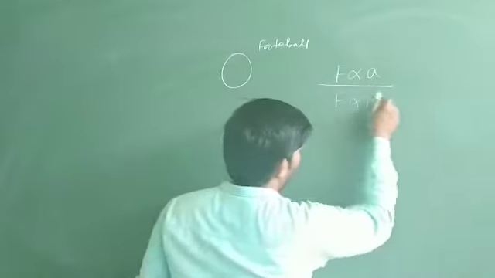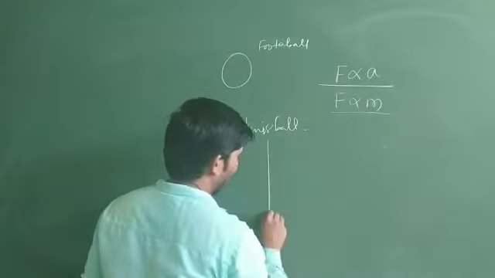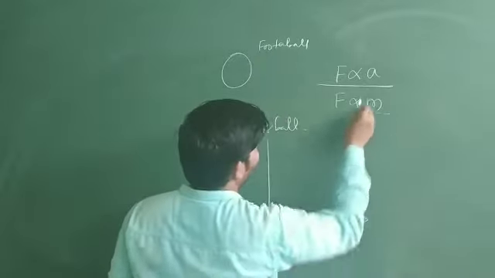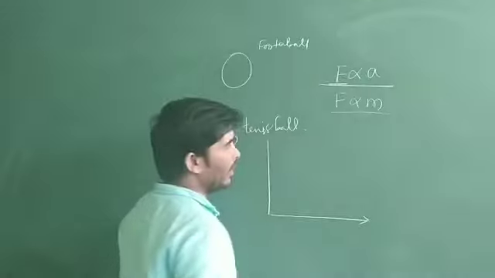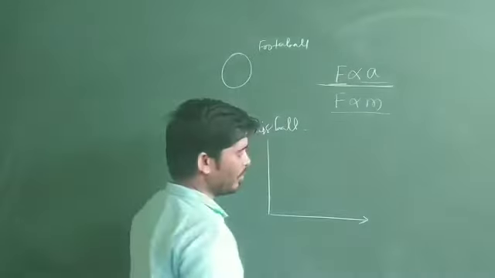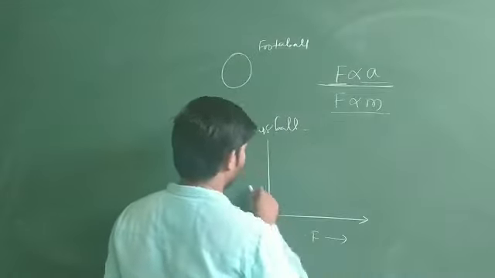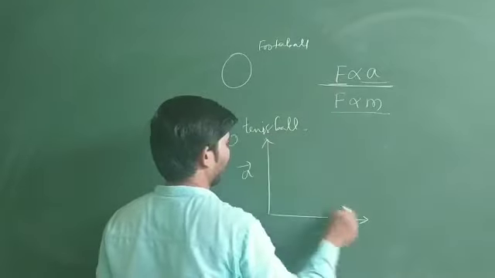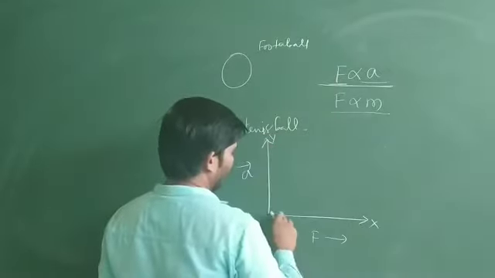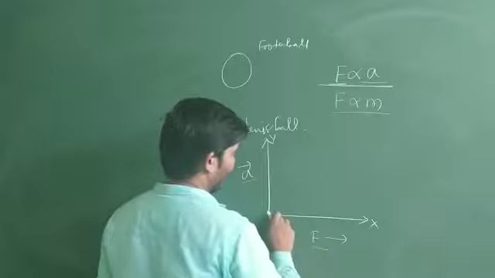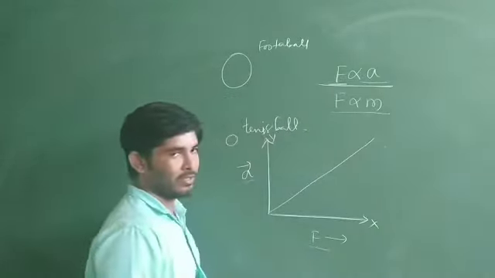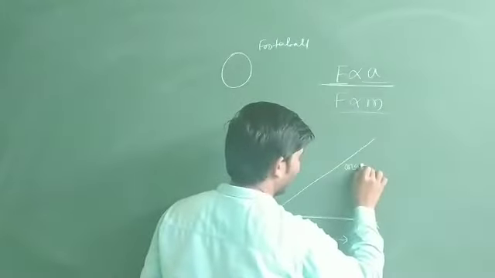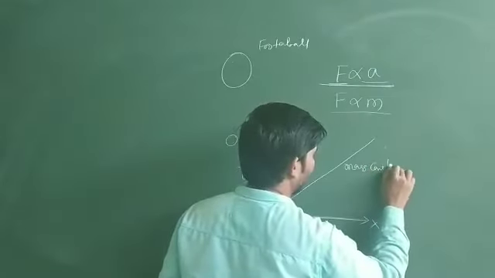First, F is directly proportional to A. It means as a larger force is applied on the body, a larger acceleration is produced. Then the acceleration versus force graph is a straight line inclined to the force axis. In this case, the mass of the body is constant.